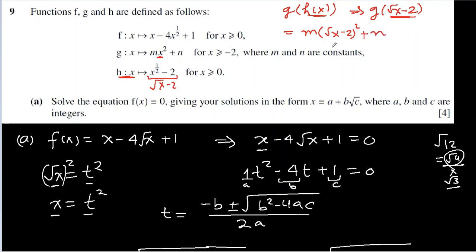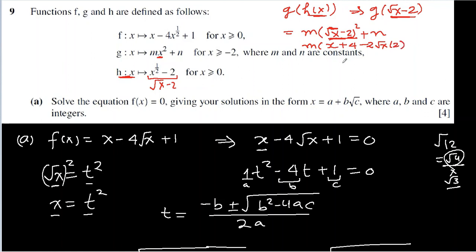Right? So I have to open this square first. So m will remain m, and it will be again (a minus b) whole square that we used previously. So a square, which is complete x, square root x square will be complete x, plus b square, square of 2, 4, minus 2 times a times b.